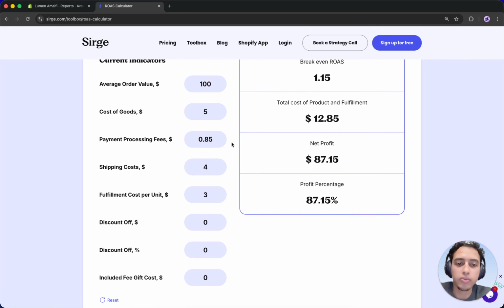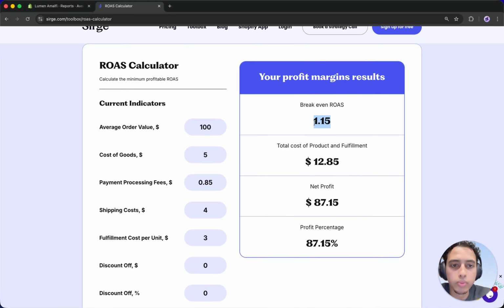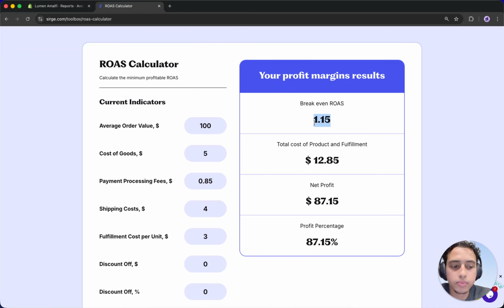Now, what it's going to spit out for you is your break-even ROAS. So this is the number that we want to be at, 1.15. That's our break-even ROAS. If any of our ads are performing below this number, then we have some issues.